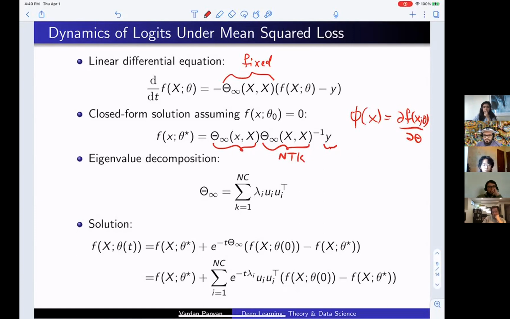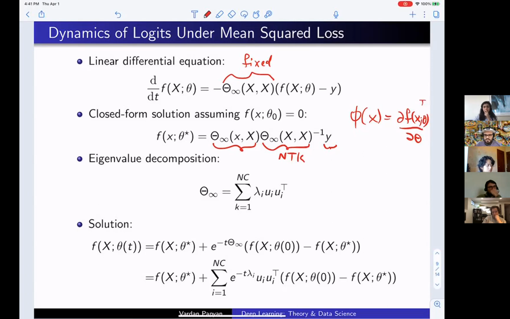Now, as you might remember from your course on differential equations, you have learned that linear differential equations are actually trivial to solve. The way you solve them is just by doing an eigenvalue decomposition of the matrix that is fixed. Up to a transpose.